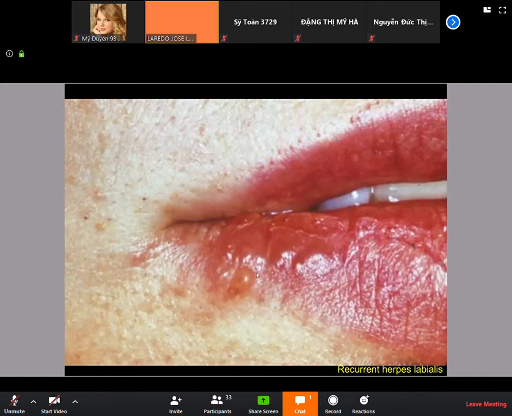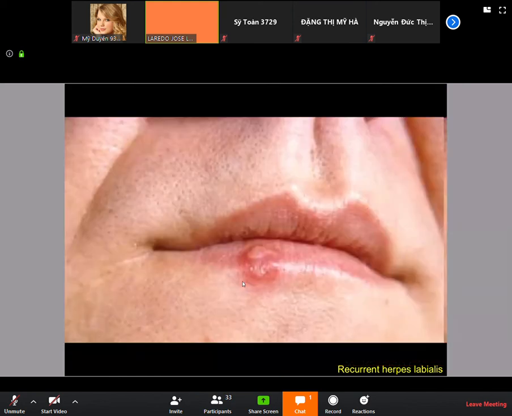However, this is the reactivation. The reactivation is found in the lips, only here or here. So this is not so severe. Reactivations are usually milder.